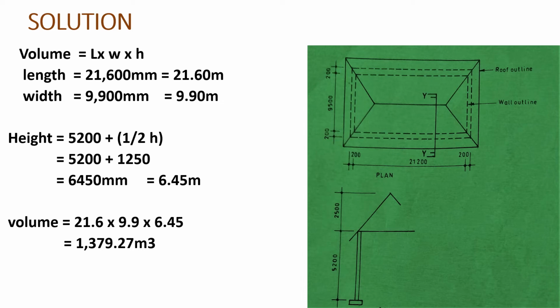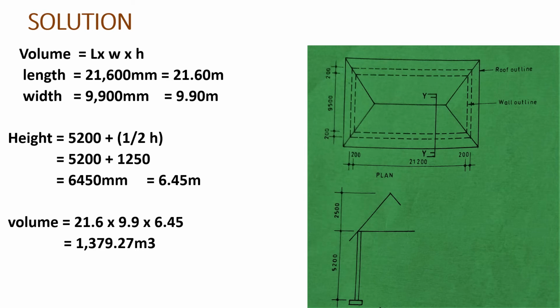So the length gives us 21,200 plus 200, 200, that is 400. That gives us 21,600. And then the width gives us 9,500 plus 200, 200. That gives us 9,900.